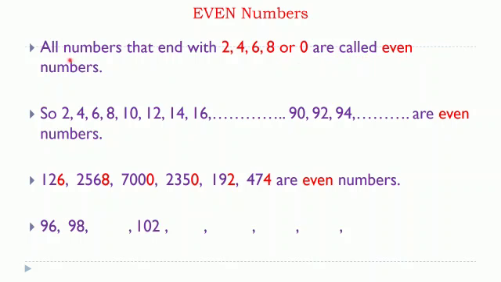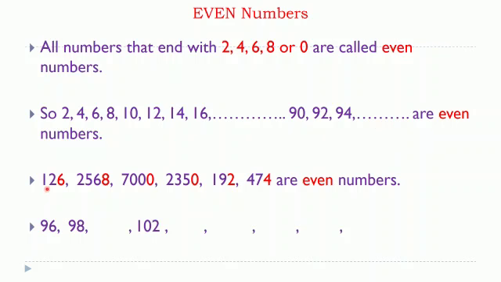Again I repeat, all numbers that end with 2, 4, 6, 8 or 0 are called even numbers. Okay. Now if we look at our columns, 2, 4, 6, 8, it will go on, then 90, 92, 94. These all are even numbers.